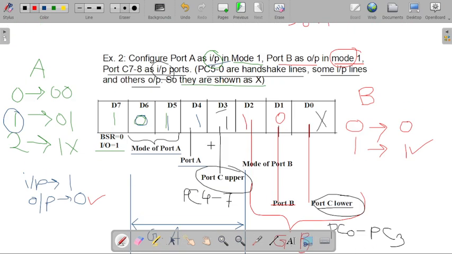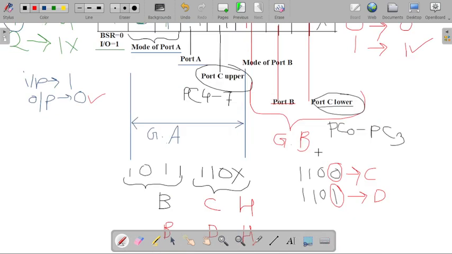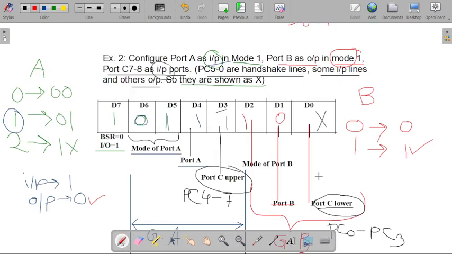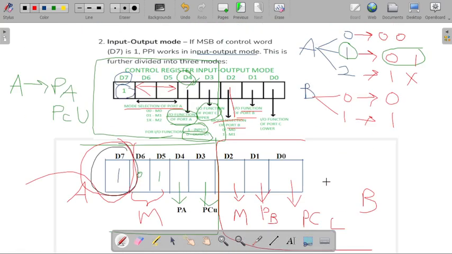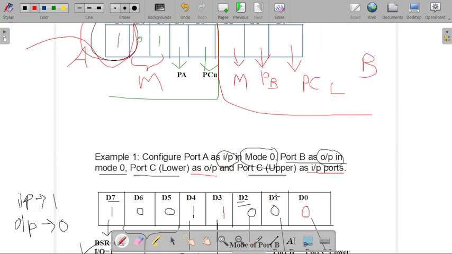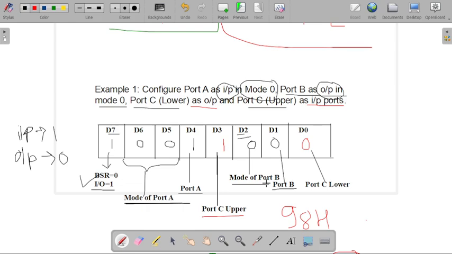So for this example, we will get two outputs, 1011 110X, where X can be indicated as 0 and 1. So we will get the output as BCH or BDH. In this video, we have learned what we mean by input-output mode and how we can solve these two examples with the help of I/O mode.